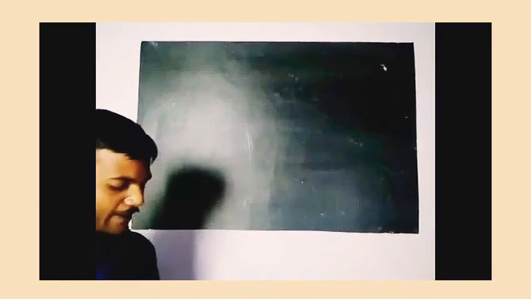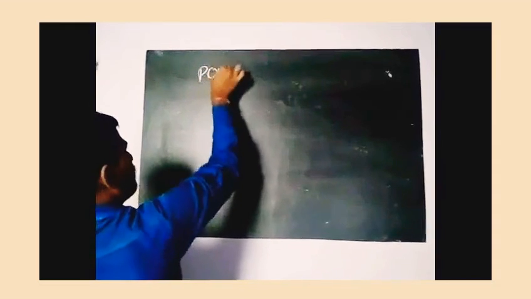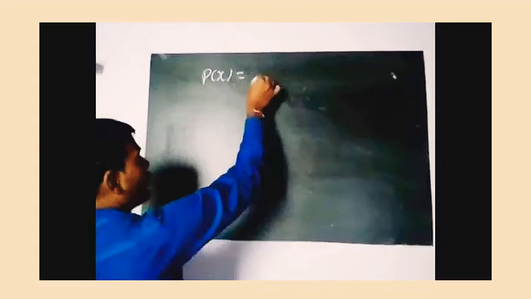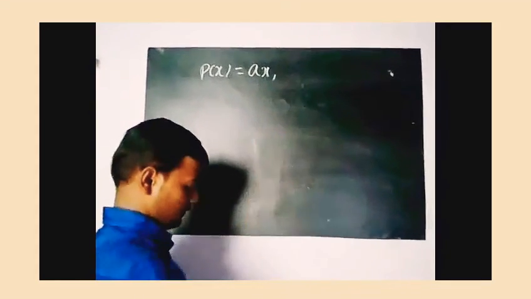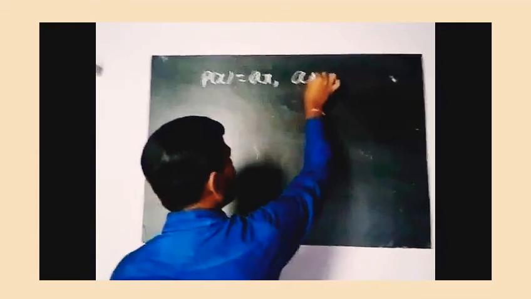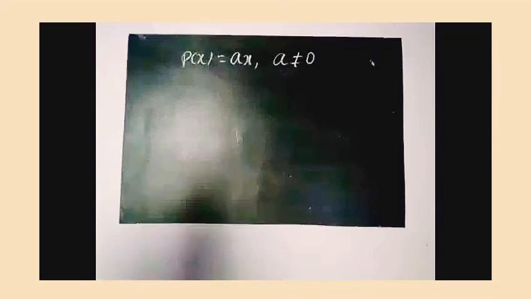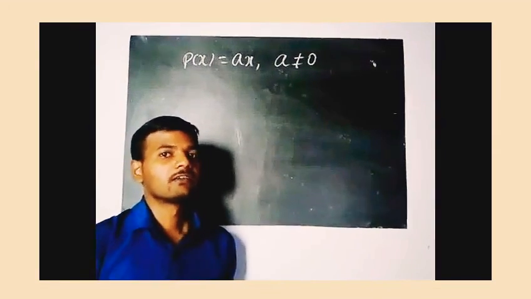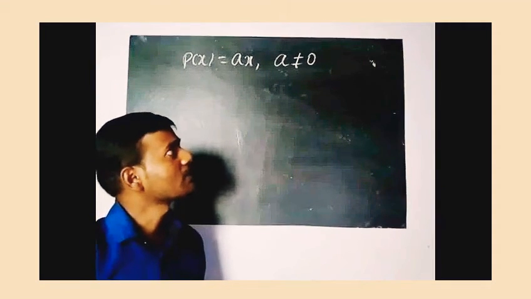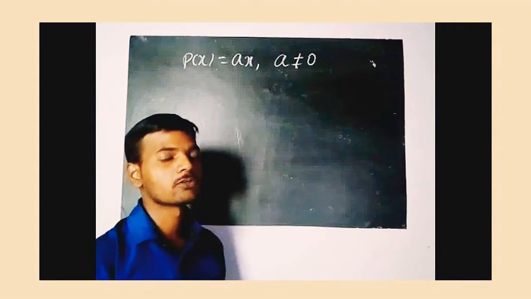Find the zeros of the polynomial when p of x is equal to ax. Here they are given the condition a is not equal to 0.